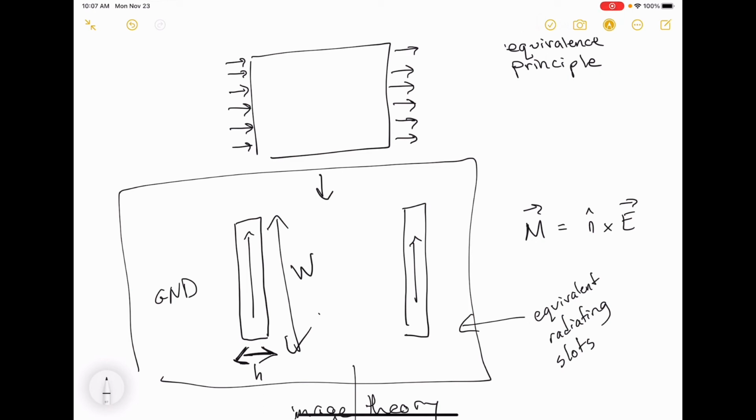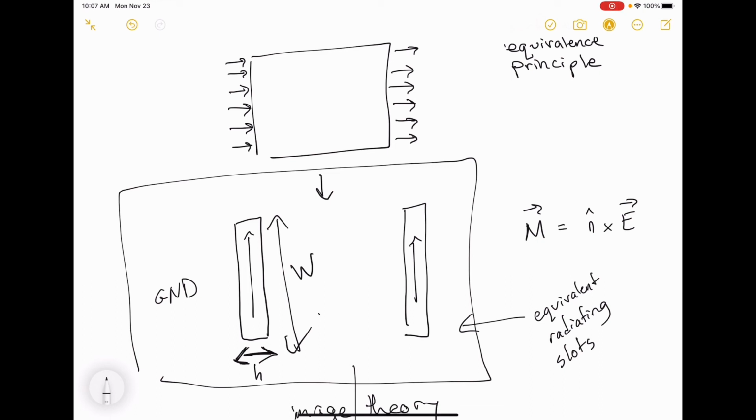As you know, having more radiation resistance tends to increase the efficiency and the bandwidth of your antenna. Patch antennas in general don't have great efficiency or great bandwidth, but they're really compatible with printed circuit processes, and they're very flat, and they're pretty nice to deal with.